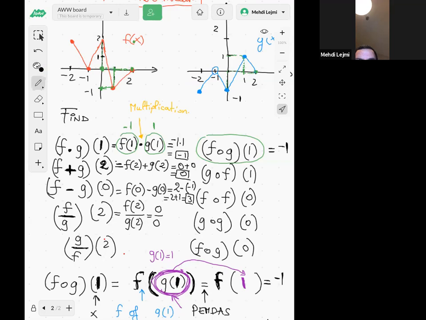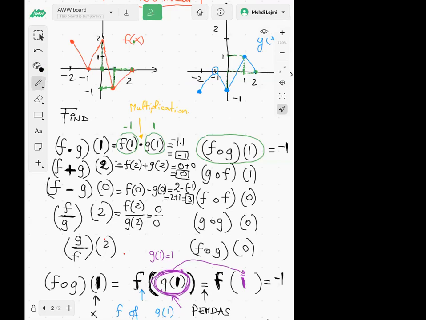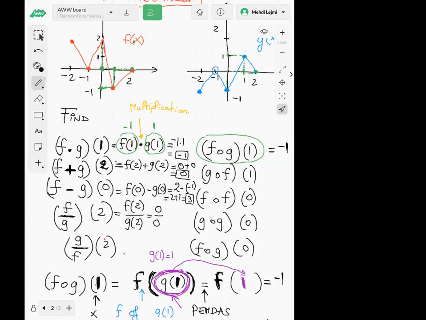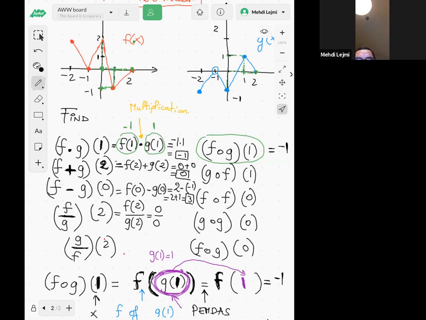Eliani, which one, negative one? For the one on top, the first one, f of 1 times g of 1. You are breaking up, I think. I don't really hear you.